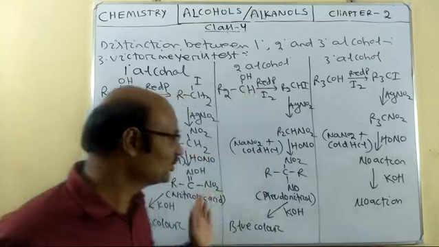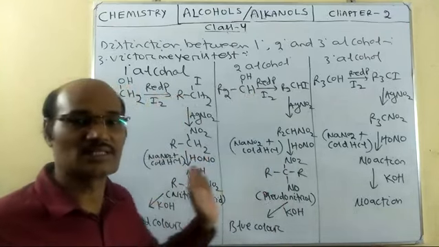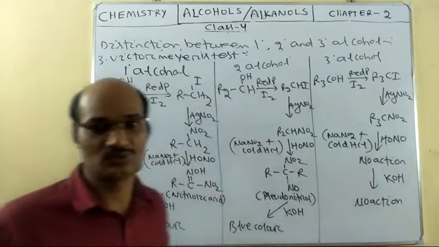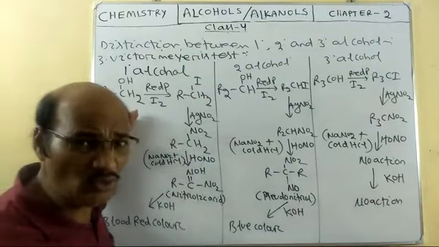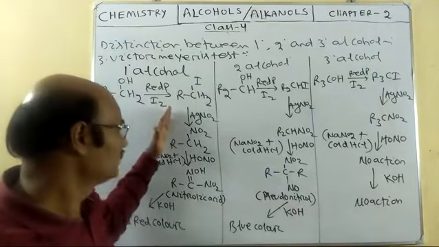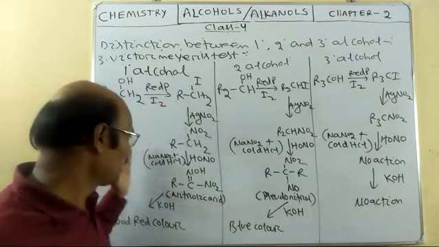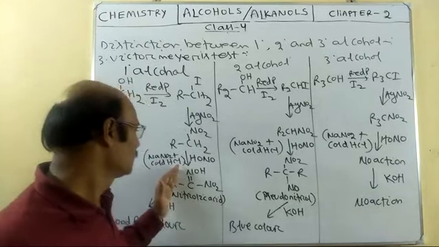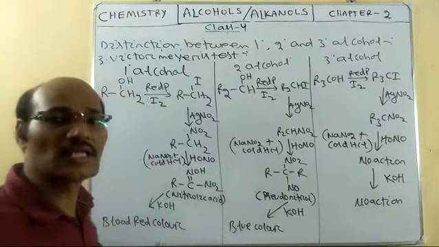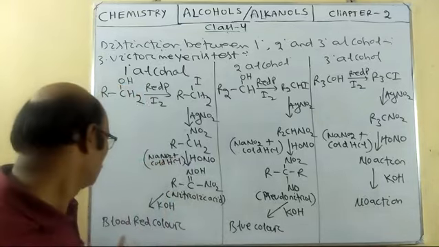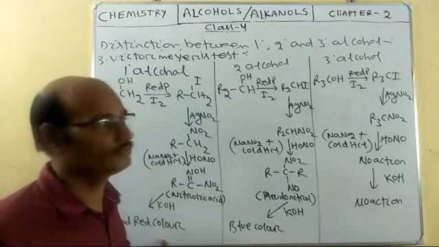So this distinguishes primary, secondary and tertiary alcohol. Primary alcohol, red P/I2, alkyl iodide, AgNO2, RNO2, nitroalkane, then HONO, nitrolic acid, KOH made alkaline, blood red color.